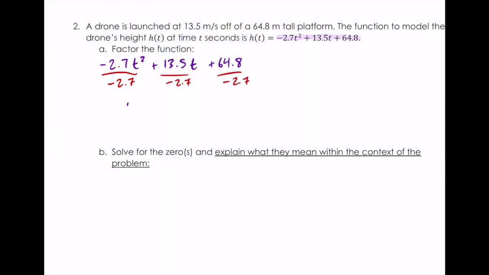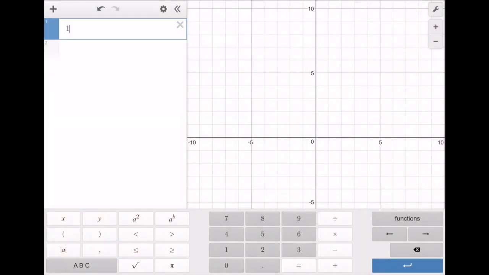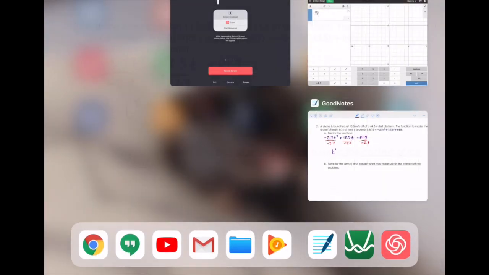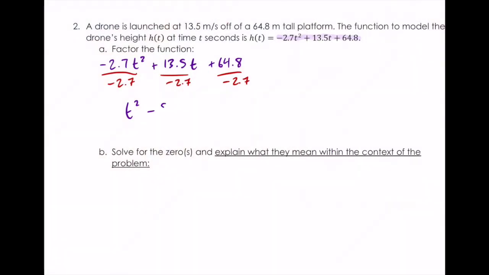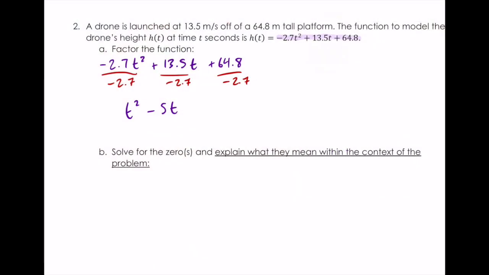So we're going to end up with t squared, and 13.5 divided by 2.7, we get negative 5t, and then 64.8 divided by 2.7, we get 24. So minus 24.